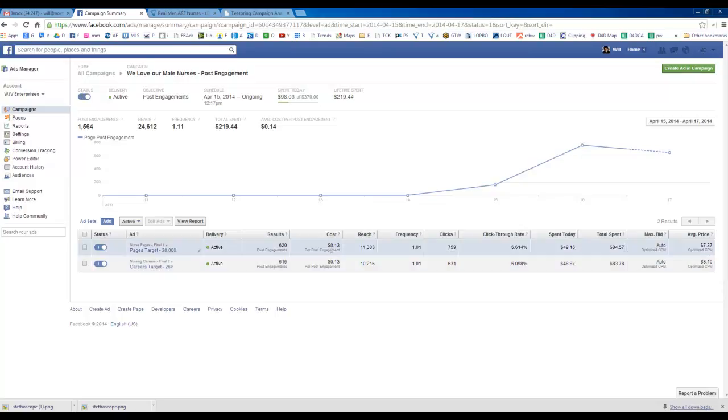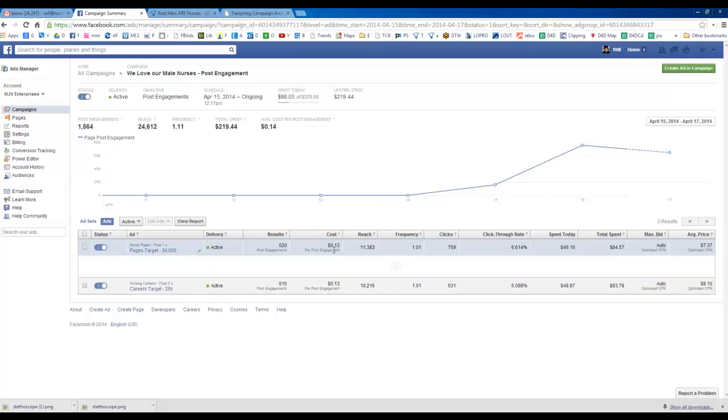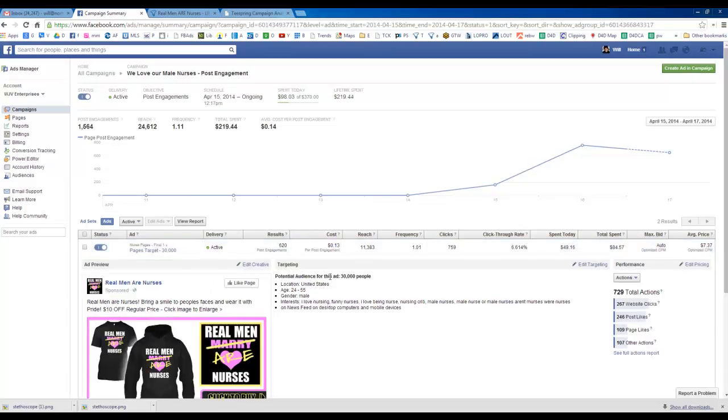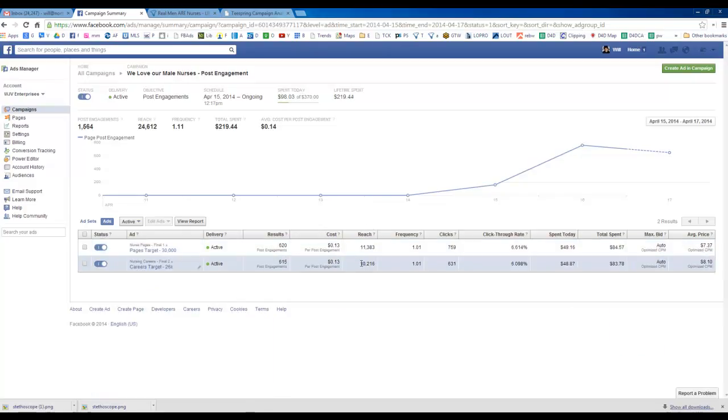And see. Now our cost per post engagement is going up. I think at the low we were around 11 cents, and it looks like we are, on an audience of 30,000, just a little past a third through it here at 11,000, which means we've only tapped a third of that audience.